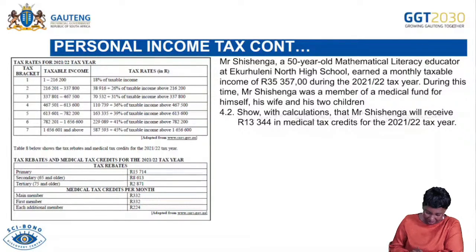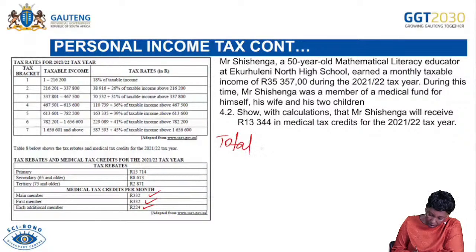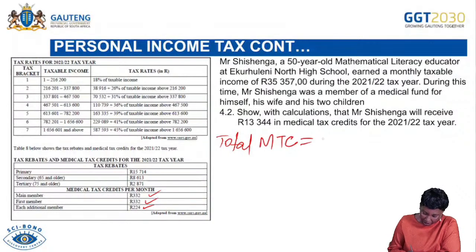13,344 for medical tax credit. Now remember, we said, who did he cover? Himself, his wife, and 2 kids. So total medical tax credit, or just abbreviate it, it will be 332 times 2 plus 224 times what?